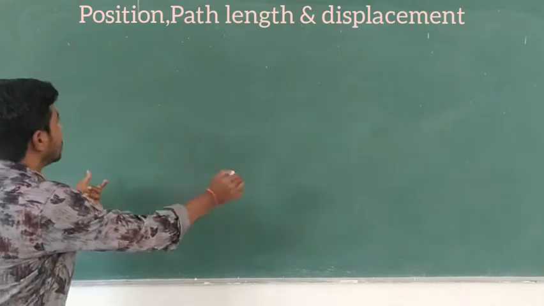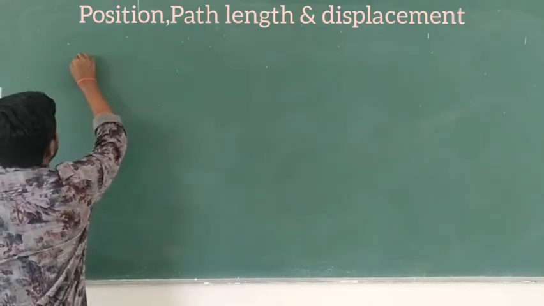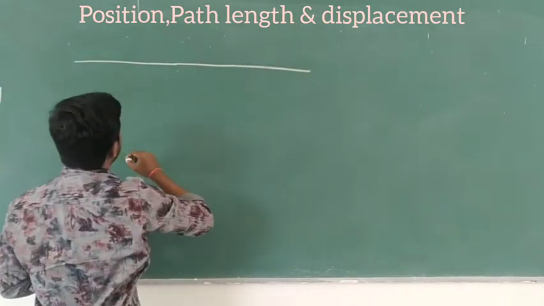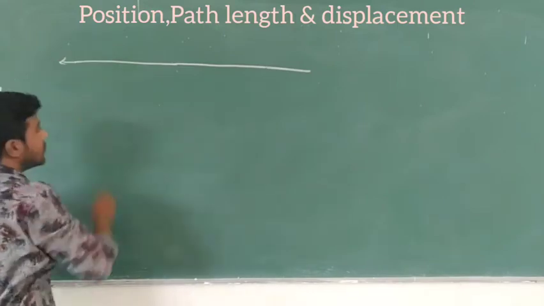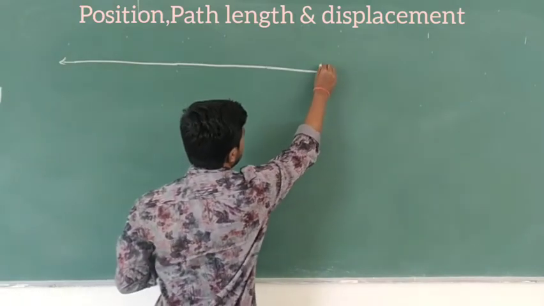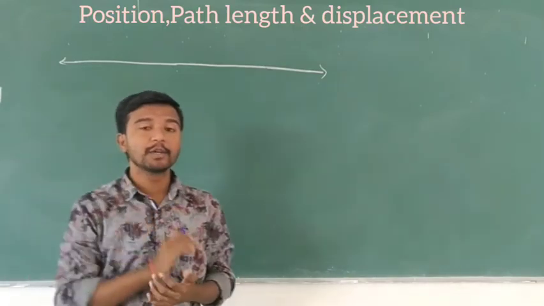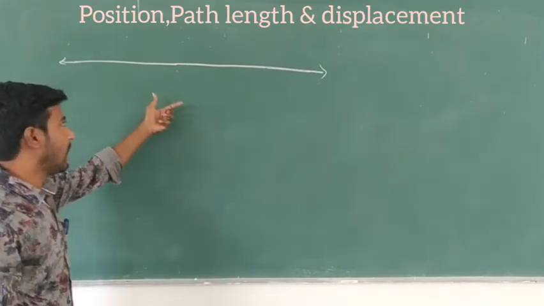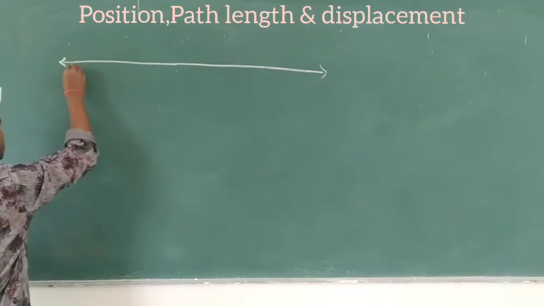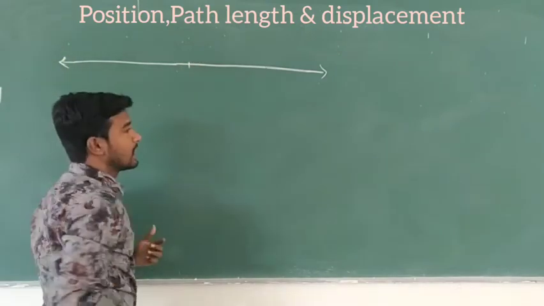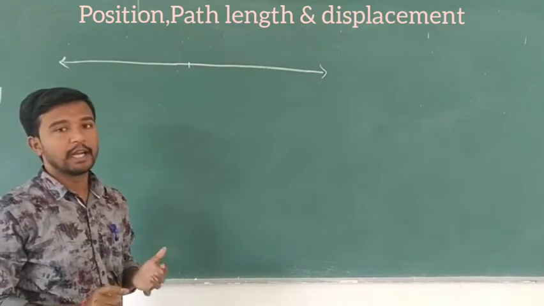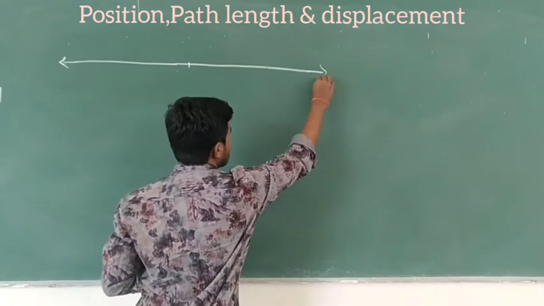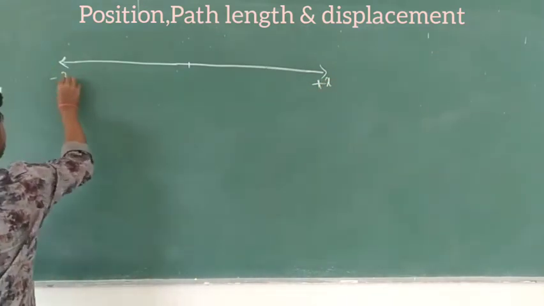The position of an object. Now we are in motion in a straight line. I have considered a small example of an object moving along the x-axis. This is the plus x-axis and this is the minus x-axis.